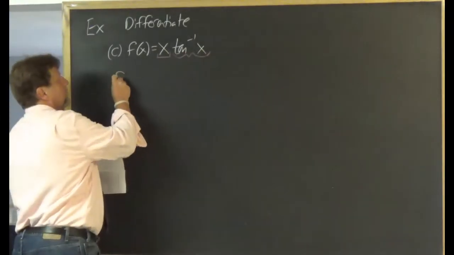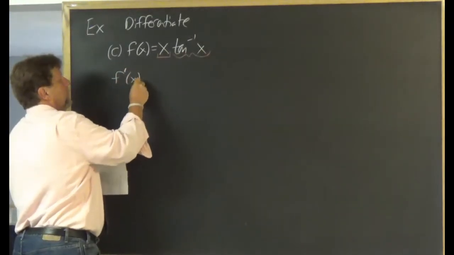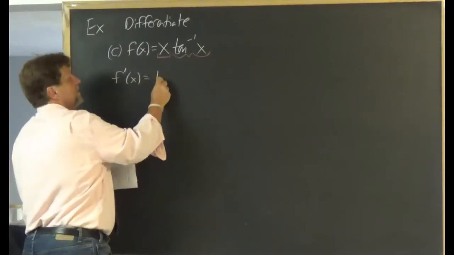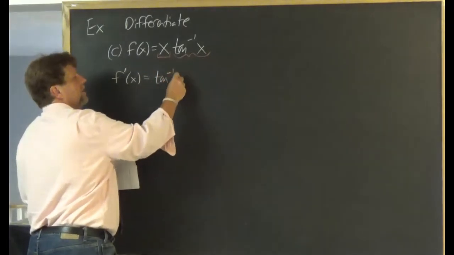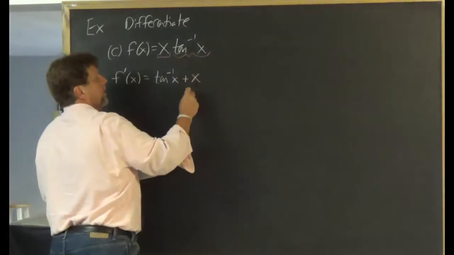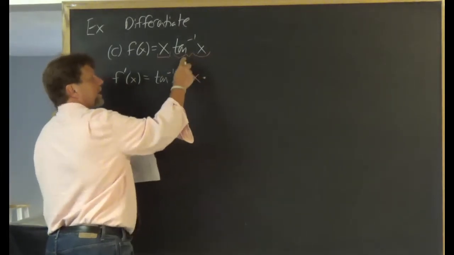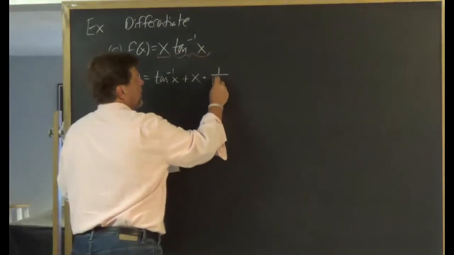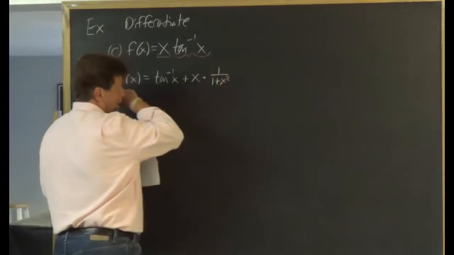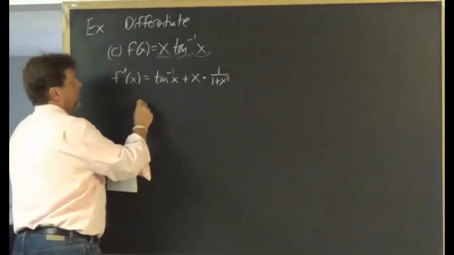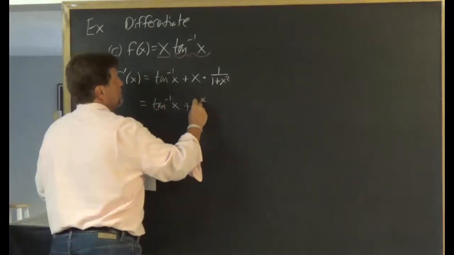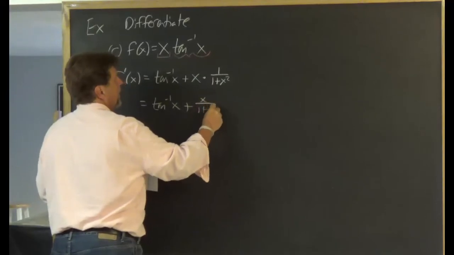So the product rule says the derivative of the first function, which is 1, times the second function, plus the first function, times the derivative of inverse tangent x, which is 1 over 1 plus x squared. Or if you prefer, you could write it like that if you'd like.